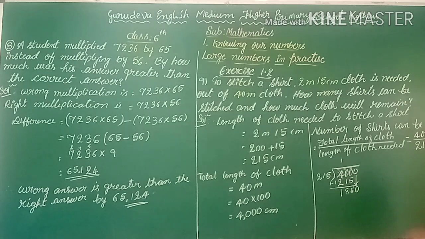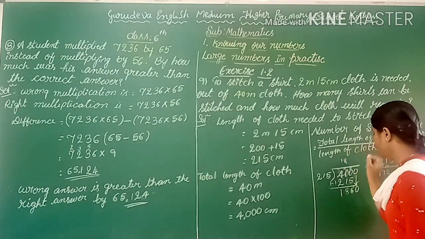Then next multiply. So here we have to take the rough 250 into 8. 8 times 0 is 0, 8 times 5 is 40, 4 here. 8 twos are 16, 16 plus 4 is 20... so it is the nearest number.